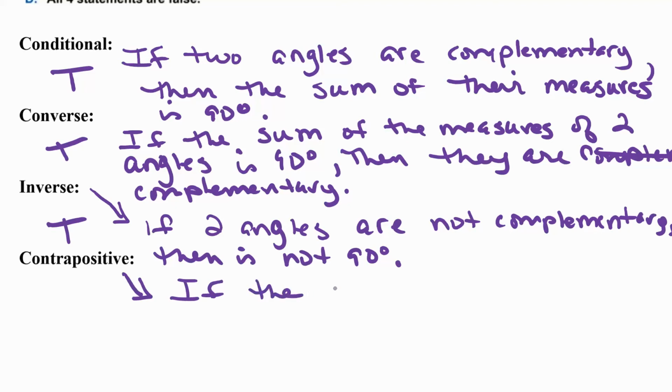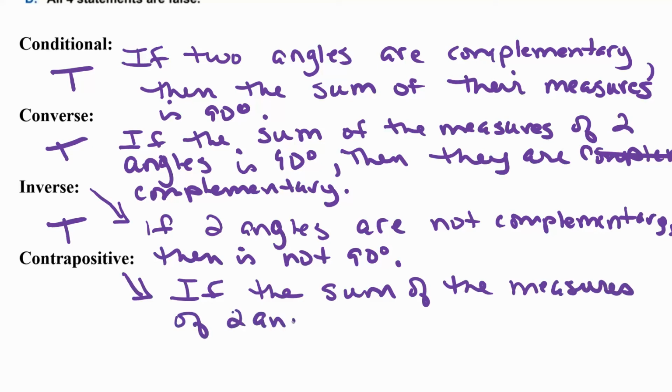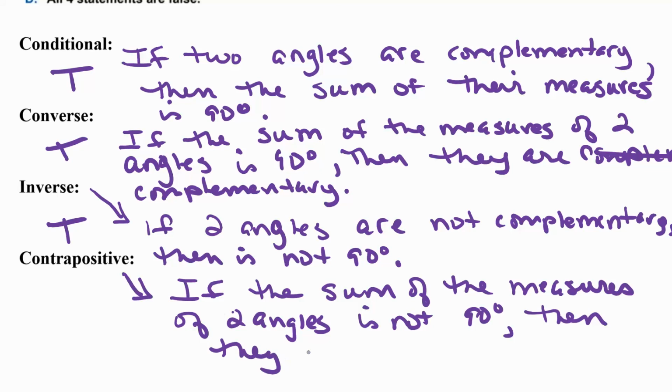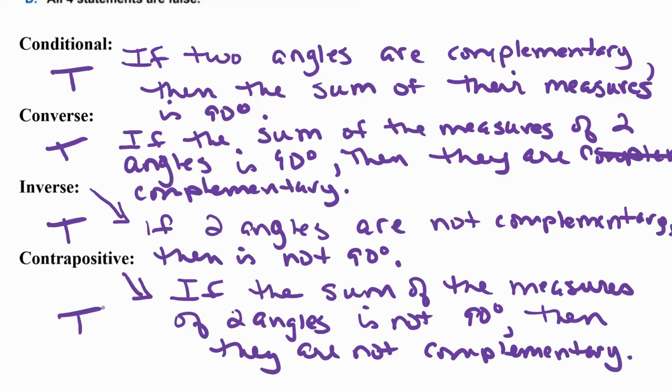If the sum of the measures of two angles is not 90 degrees, then they are not complementary. And that is also true. And that ends our discussion for Chapter 2-3.